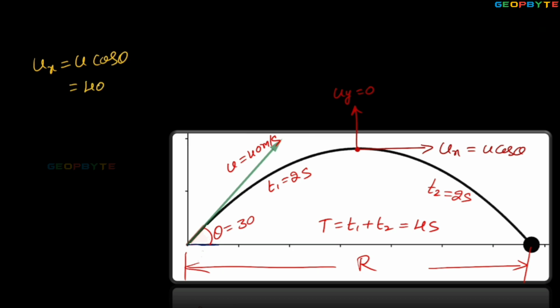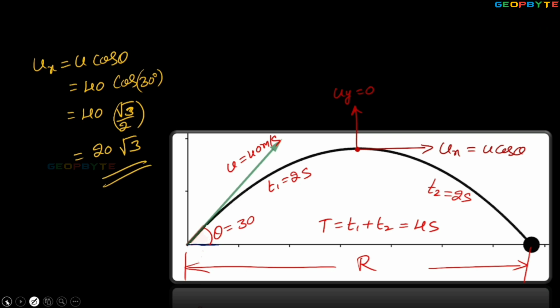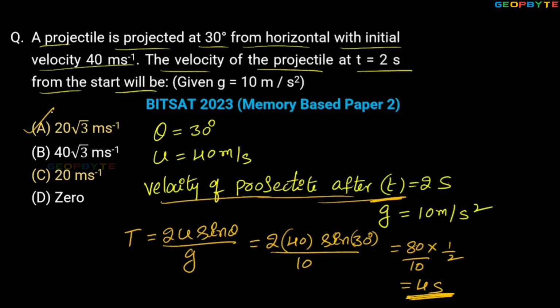U is 40 cos 30 degrees. It is equal to 40 into root 3 by 2. It is equal to 20 root 3. That is the answer, right? 20 root 3. Look at the options. Option A is absolutely correct. Understood clearly? Yes.